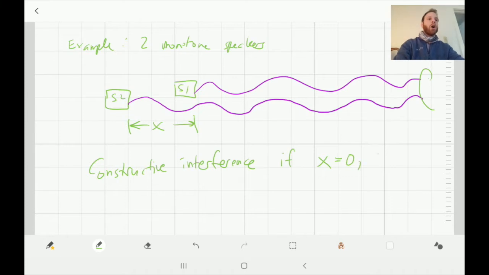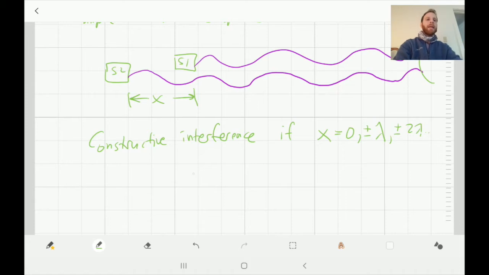If it's longer by one wavelength, or shorter by one wavelength, so plus or minus, or if it's longer by 2 wavelengths or shorter by 2 wavelengths, you'll also get peaks with peaks, troughs with troughs, so constructive interference. So the general statement you can make is that if x is equal to any integer m times lambda, then you'll have constructive interference.